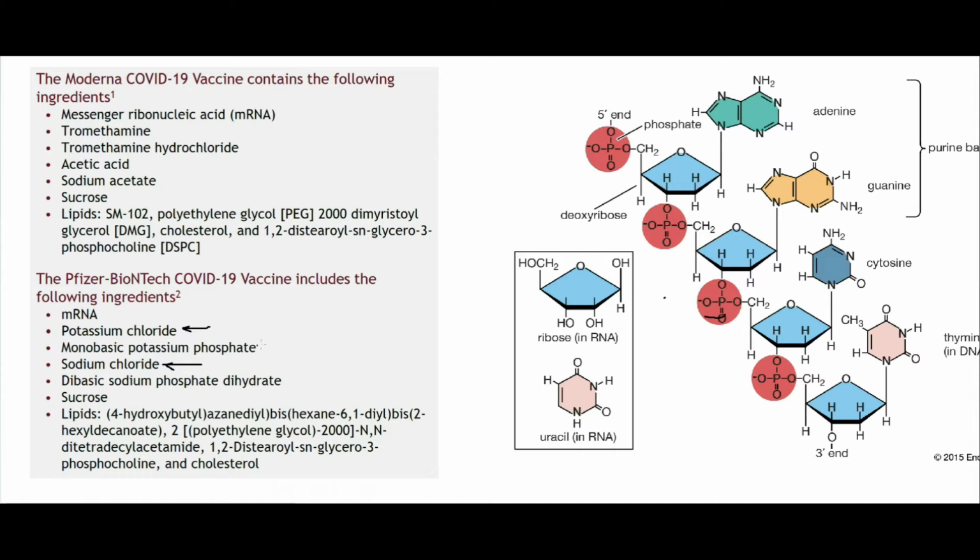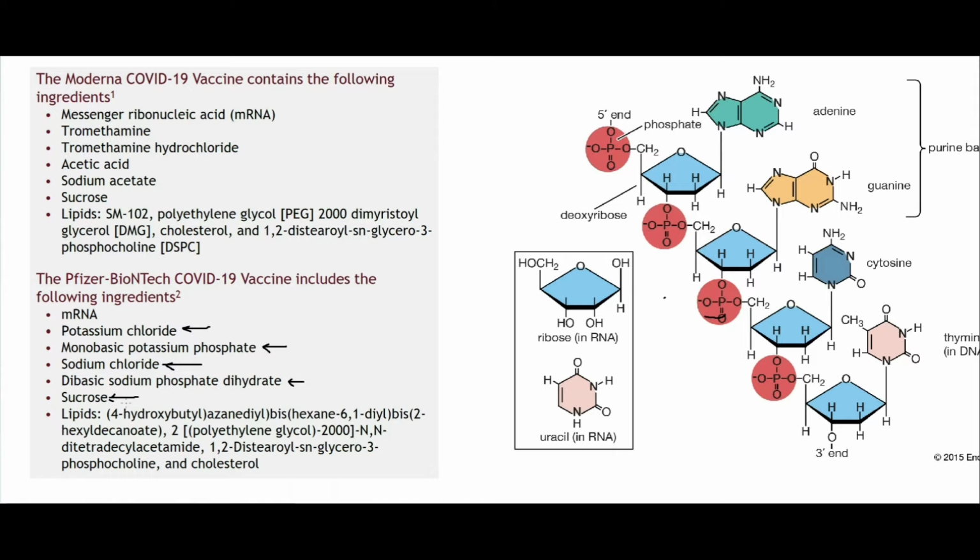Then this monobasic potassium phosphate and dibasic sodium phosphate are what are called buffers, and that's just to control the pH of the solution. Then sucrose here, that is table sugar, and that acts as a cryoprotectant.